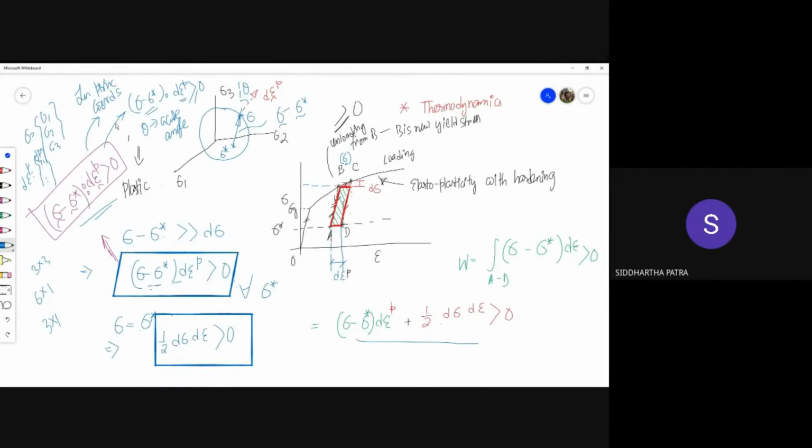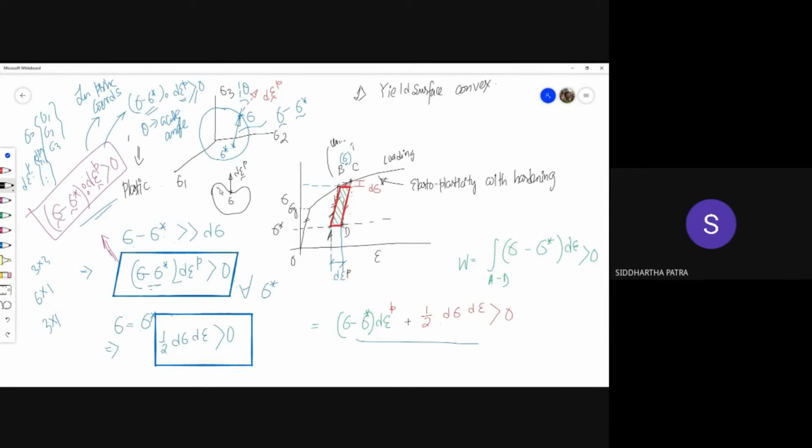Now this is only possible if the following are true. Number one, the yield surface, be it von Mises criteria or Tresca criteria or whatever criteria, is convex. It has to be convex. The yield surface cannot be like this. Let's say this point is on the yield surface, sigma. Then you have some plastic strain increment right here.